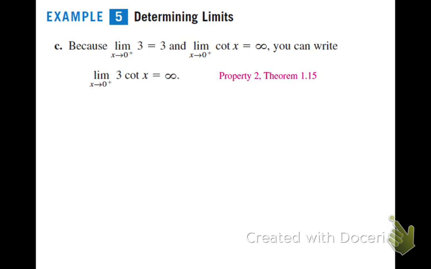Okay, so the limit of 3 equals 3 as x approaches 0 from the right. And the limit of cotangent of x as x approaches 0 from the right is infinity. So I have 3 times the cotangent of x. Our rule said it's just 3 times infinity, which is what? Infinity.